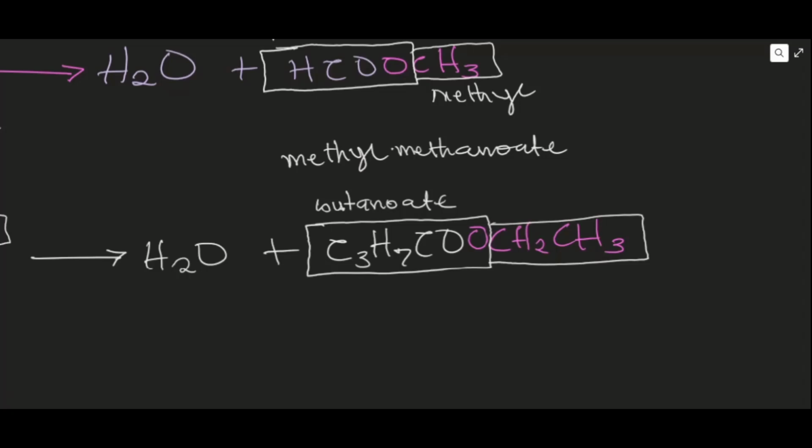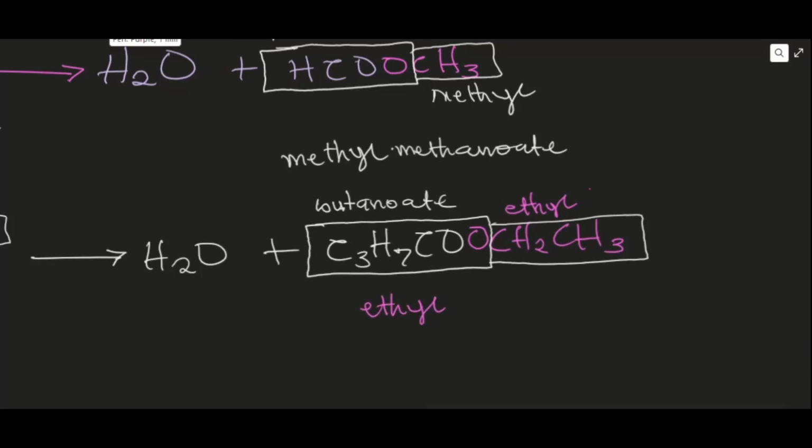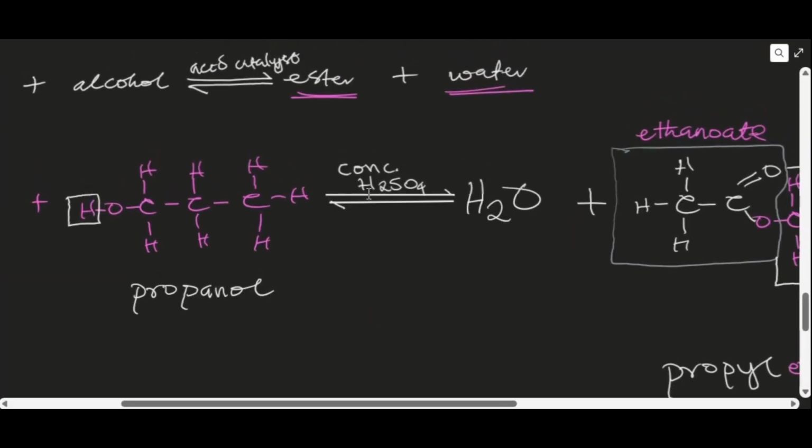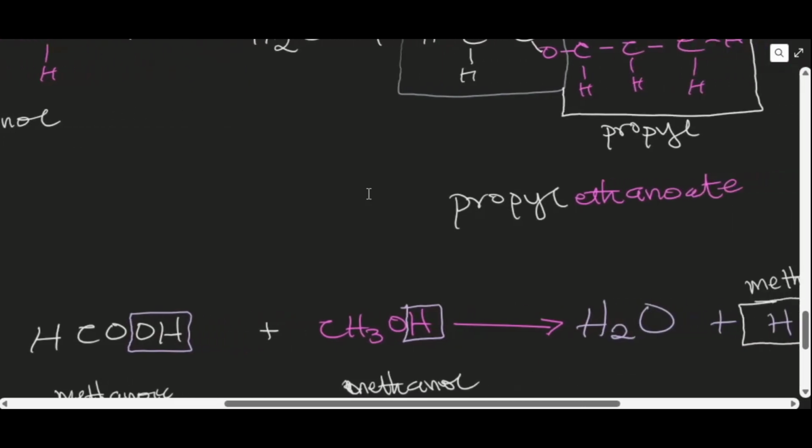It is not ethane now because this is ethane minus 1 hydrogen atom. It is called ethyl. So let's group them together. This ethyl part will come first. So we have ethyl butanoate. So that is the reaction between carboxylic acid and alcohol to give us an ester.